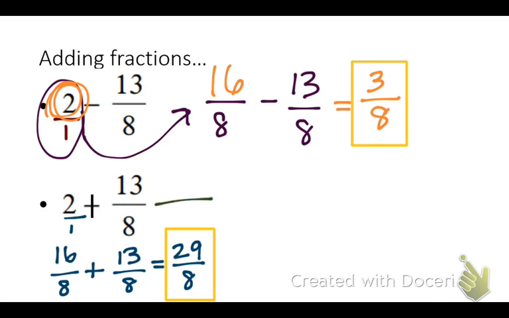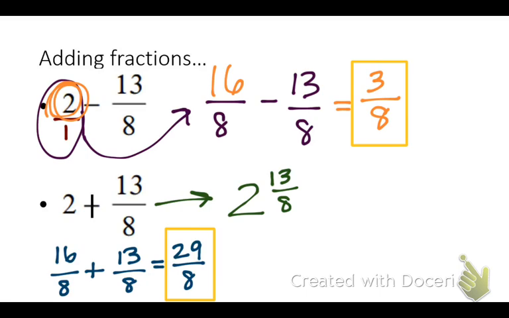The second option to this problem would be 2 plus 13 over 8, also known as 2 and 13 over 8. You know that I don't like leaving it as a mixed number. We don't use those in the middle of a problem. So you would change it into an improper fraction.